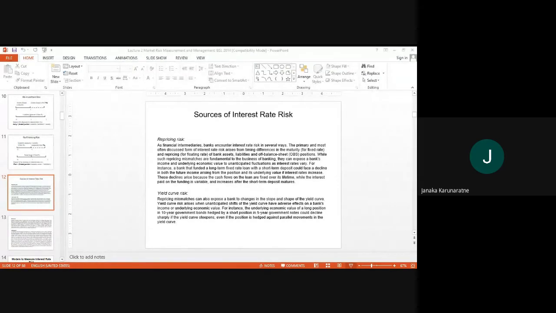Let's say you fund using a 1-year loan. The funding strategy is you reprice monthly based on a US Treasury bill rate.